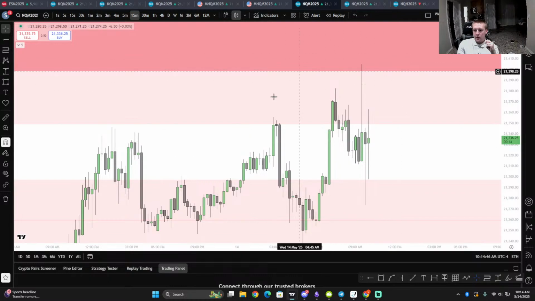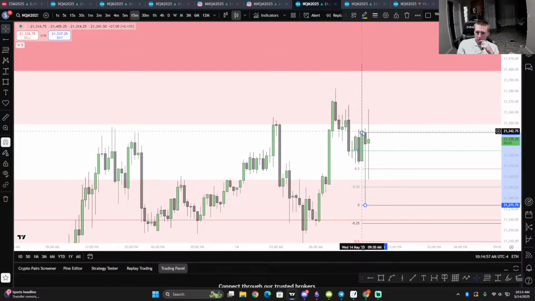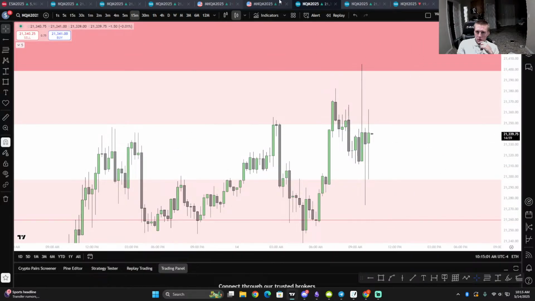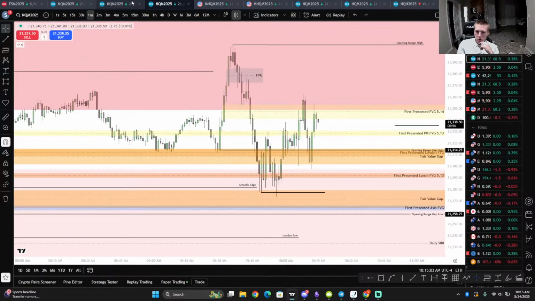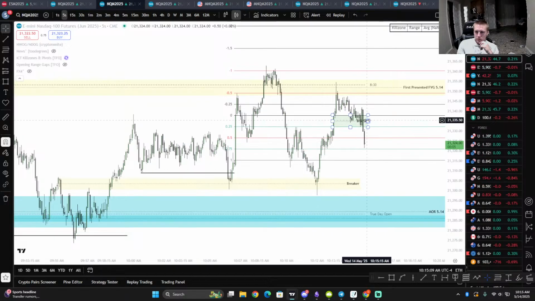Look at a 15-minute chart here. Wick above and wick below. A 15-minute candle just opened up. Looks like we want the lower portion of this.